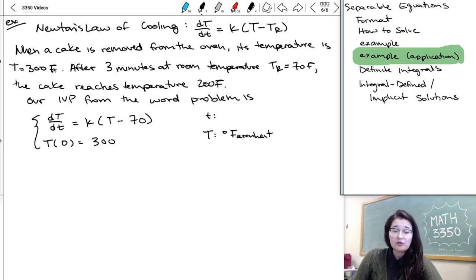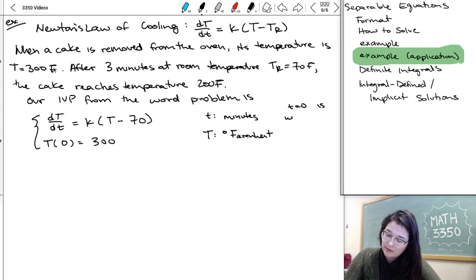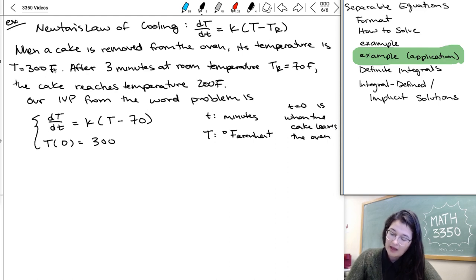Big T temperature is given in degrees Fahrenheit here, and little t for us is going to be in minutes since the cake left the oven. So t equals 0 is when the cake leaves the oven. And then we can plug in 3 to be at 3 minutes after the cake left the oven.